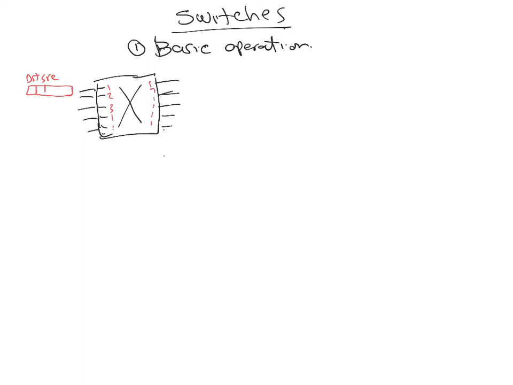So this is the basic functionality of the switch. Based on the destination MAC address and the source MAC address, it can forward the frame to one or more of the output ports. Of course, that's straightforward, but there are some similarities with ARP.